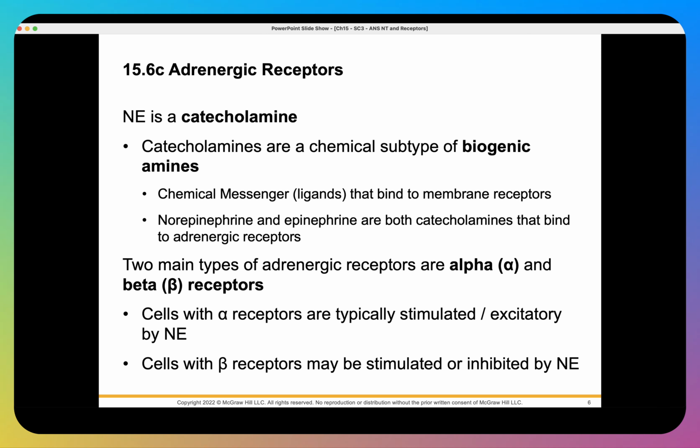When we look at adrenergic receptors, we break them down into alpha and beta. Generally speaking, alpha receptors are going to be excitatory when norepinephrine binds to them. Beta receptors may be stimulated or inhibited, and we'll see that there are different classes of beta receptors.